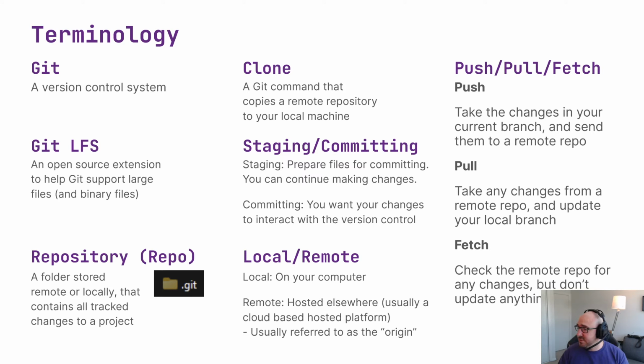Staging and committing are two terms that you'll hear quite a bit when you're talking about using source control. Staging is the first step of taking the changes that you've made and committing them to your repository. When you stage a file, you're telling Git, hey, this is a file that I have made changes to, so keep an eye on this one for me. Then committing will take all the files that you have staged and group them together into what's called a commit.